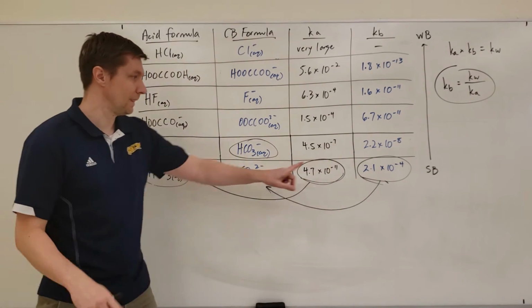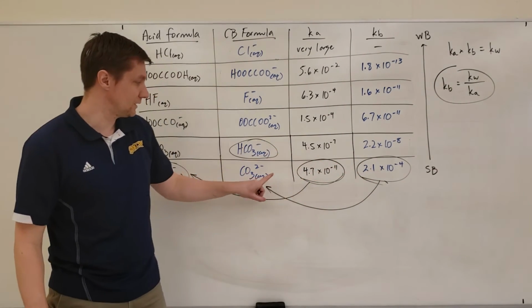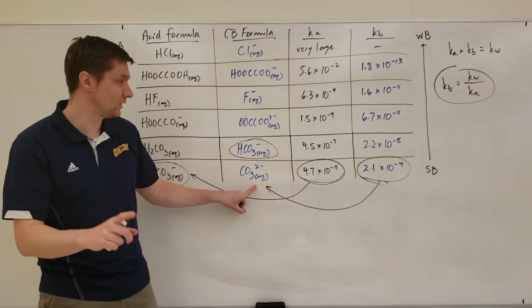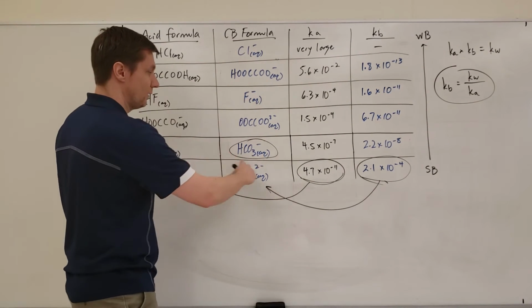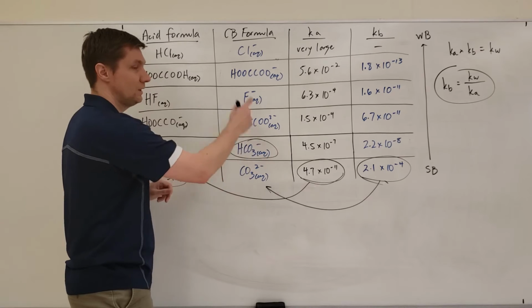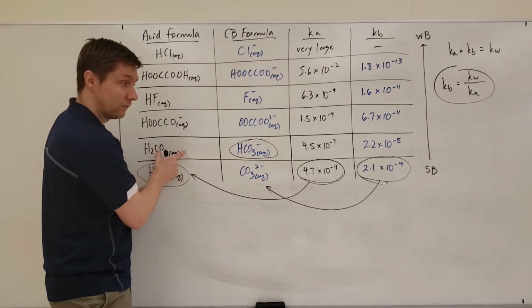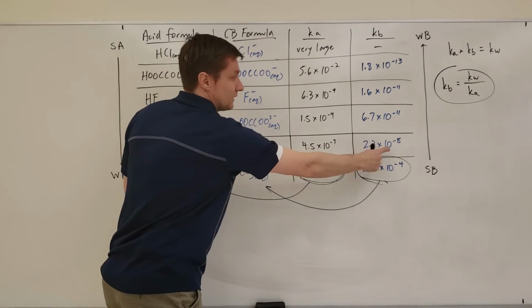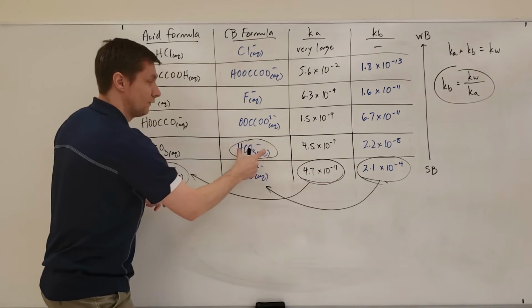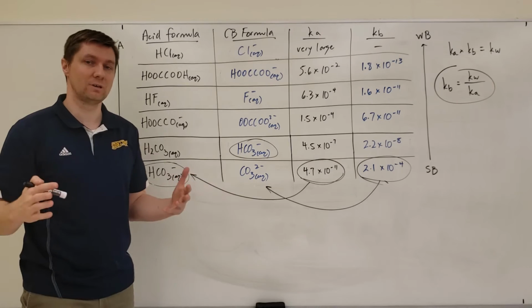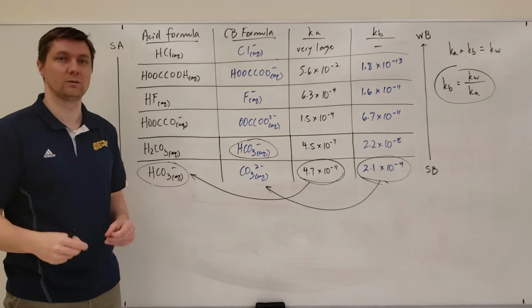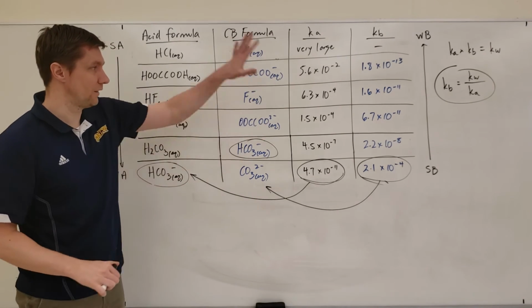But remember, this Kb is the Kb of CO3 2-. So you have to go to where this substance is found in the chart, and use the Ka of its acid form in this formula to calculate its Kb for that substance. And that's how you calculate Kas and Kbs for particular substances, and that's how that chart is set up.